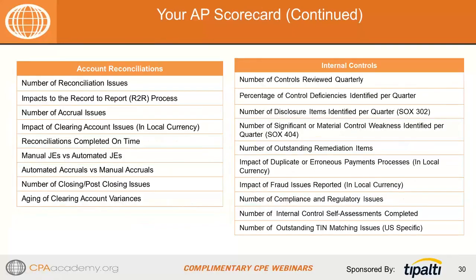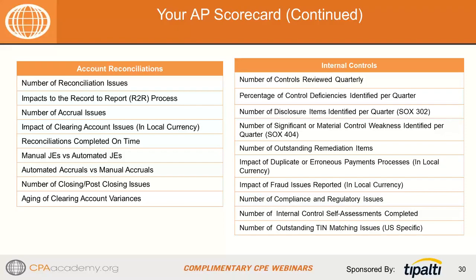Okay, looking at account reconciliations: number of issues, impacts to the record to report process or the financial close, accrual issues, clearing account issues, reconciliations completed on time, manual JEs versus automated journal entries, automated accruals versus manual accruals, number of closing or post-closing issues, and aging of clearing account variances.